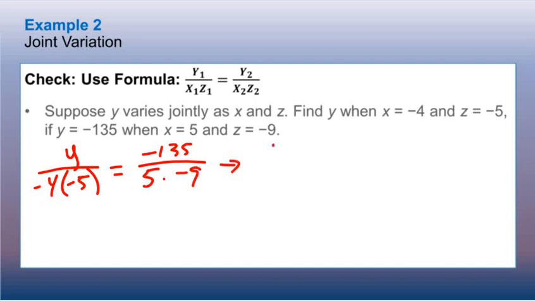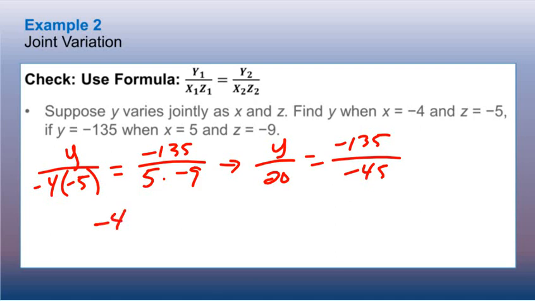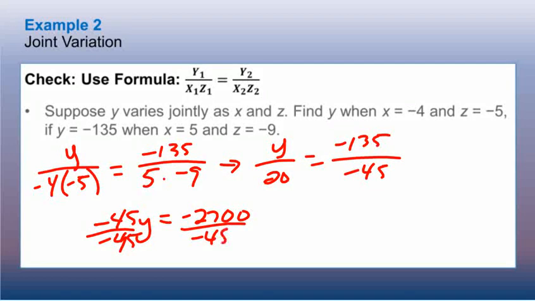So we have y over 20 equals -135 over -45. So we have -45y equals 20 times -135, which is -2700. Divide by -45. y would equal 60.